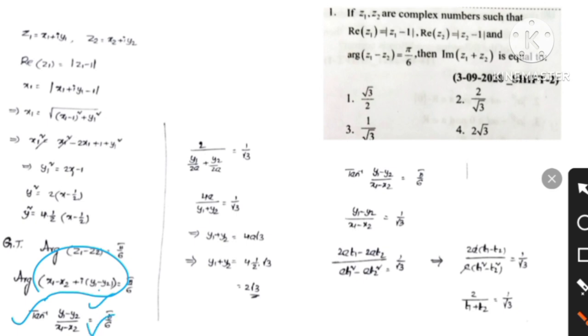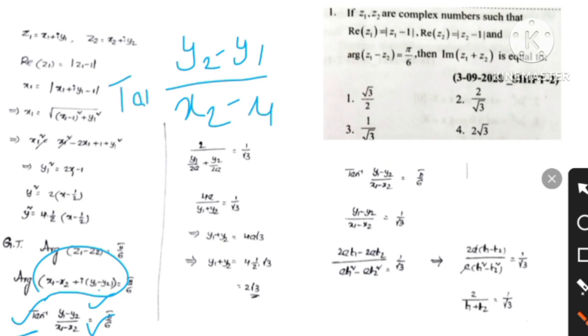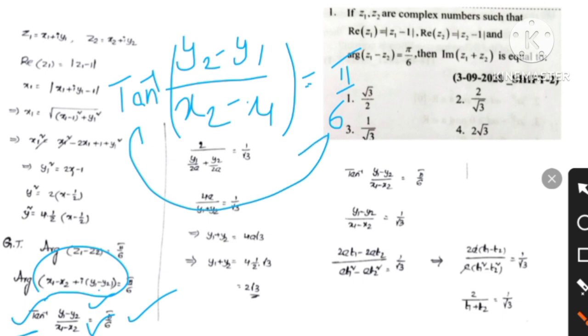That is tan inverse of (y1 minus y2) by (x1 minus x2). Arg z is equal to tan inverse of imaginary part by real part, that is (y1 minus y2) by (x1 minus x2), is equal to, what is the value given here? Pi by 6.